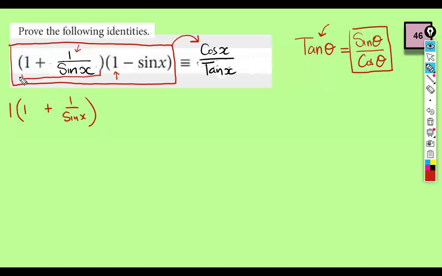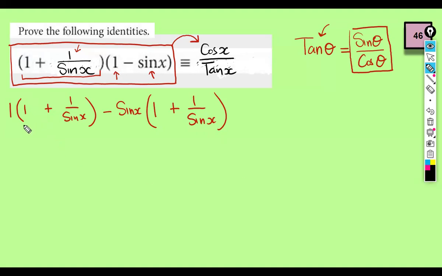And then you're going to take back the first bracket and multiply by the second item, so everyone in these brackets gets multiplied by minus sine x. Everybody okay so far? This is how we multiply out a pair of brackets.